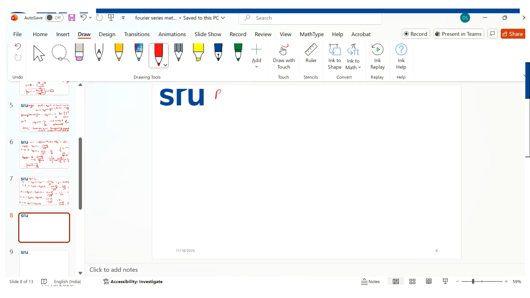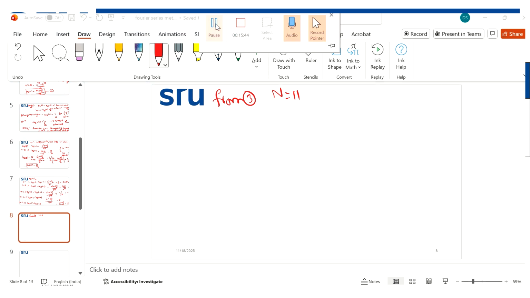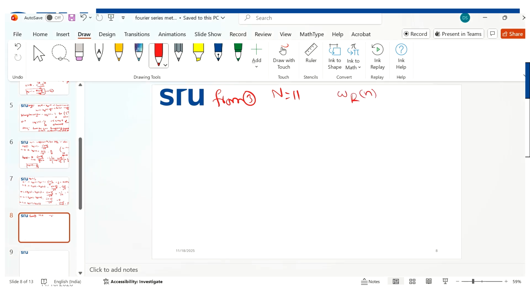Now from equation number 3 and n equal to 11, we have the rectangular window. We have to find WR of n for different n values. In general it is 1 for n from minus 5 to plus 5 and 0 otherwise. If I substitute n equal to 0, then WR of 0 is equal to 1.